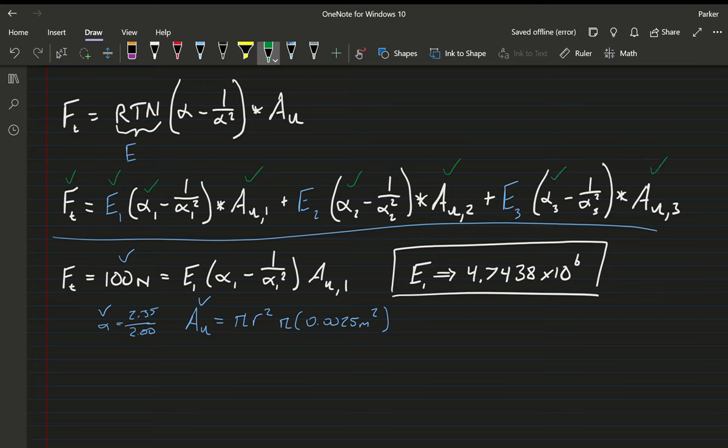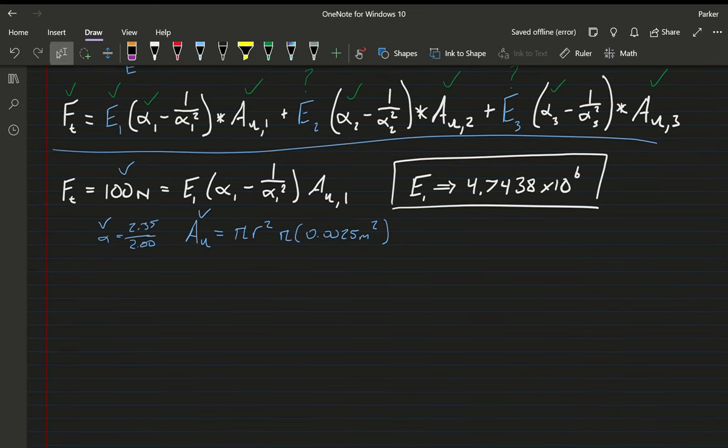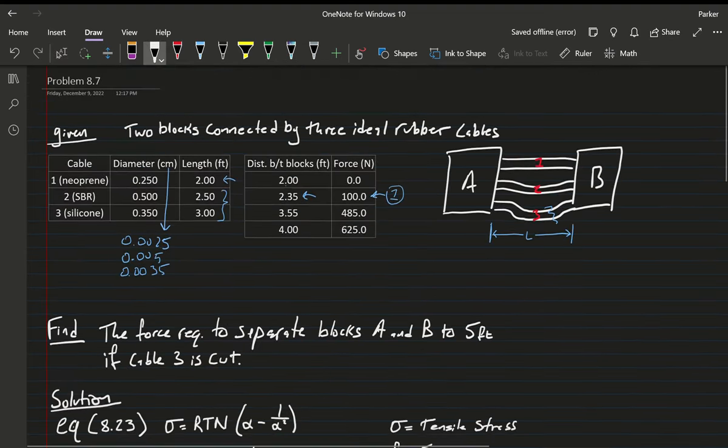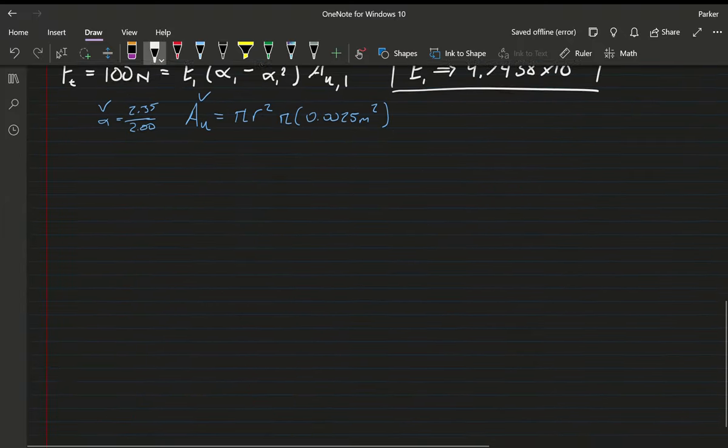The only two that we're missing are E2 and E3. So we can set up a series of equations pretty easily, and that comes out of the next two distances and forces, using our known force of 485 and our known force of 625.